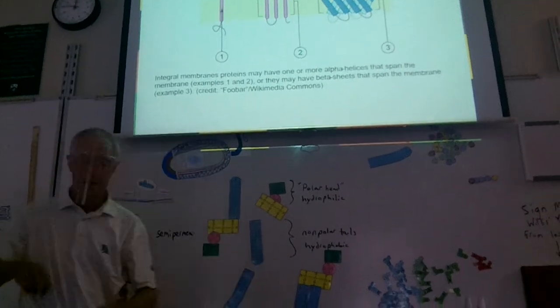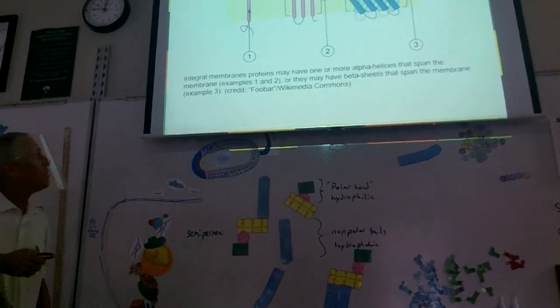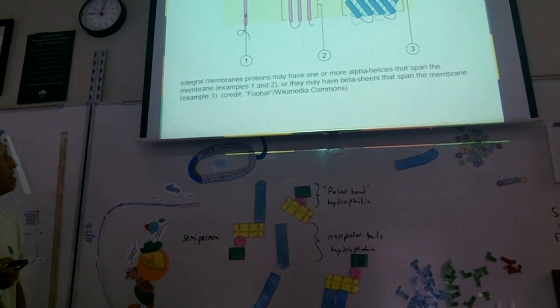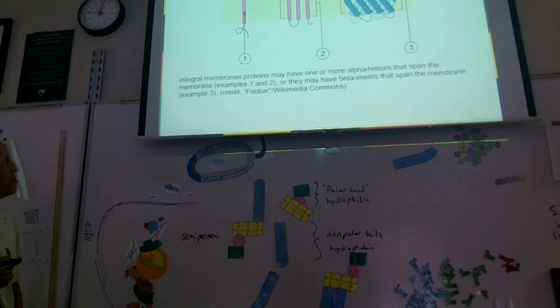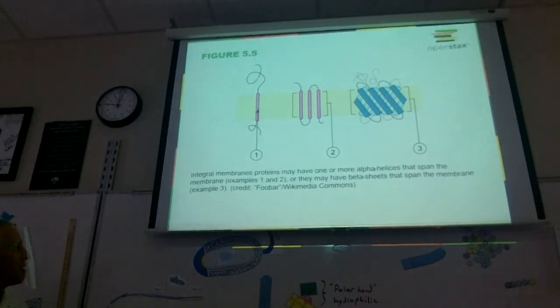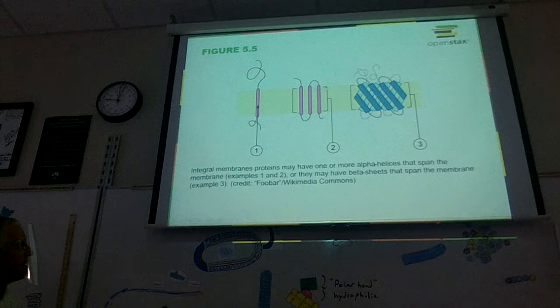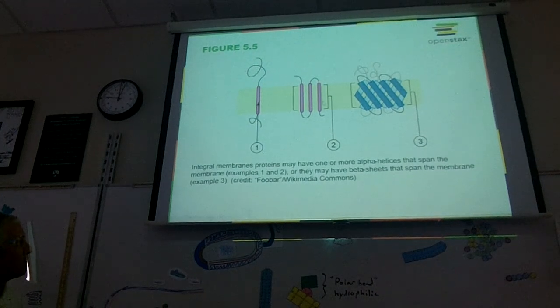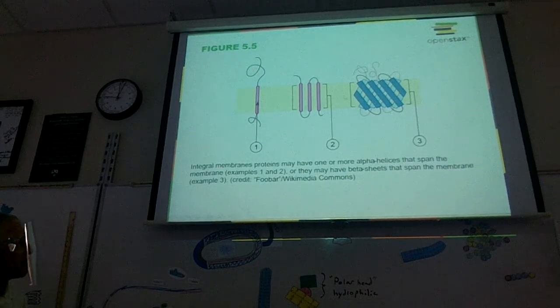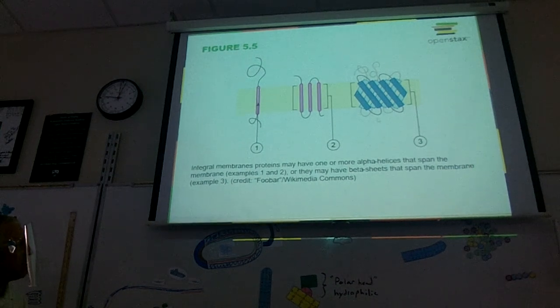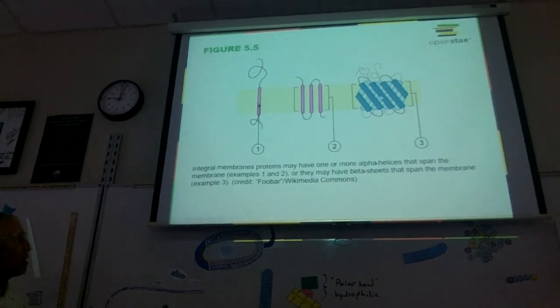Very often a little kind of a beta sheet will form. Here's the protein that kind of goes back and forth like that, and that forms an integral protein in the membrane. And here's a couple of beta sheets kind of lying one on top of the other and can go all the way through the membrane like that.